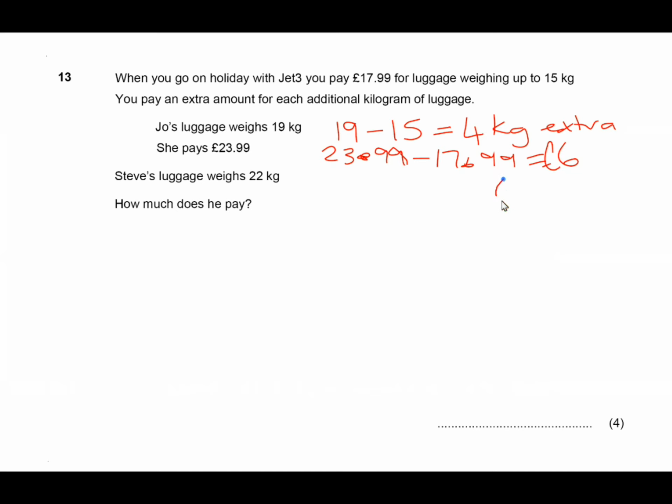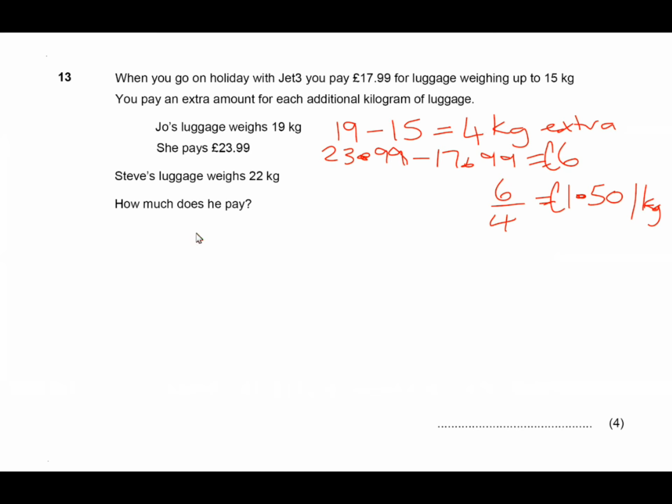Therefore, £6 divided by the 4 extra kilograms tells us she's paying an extra £1.50 per kilogram.